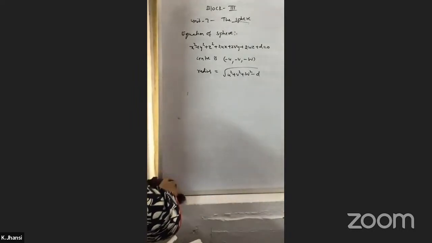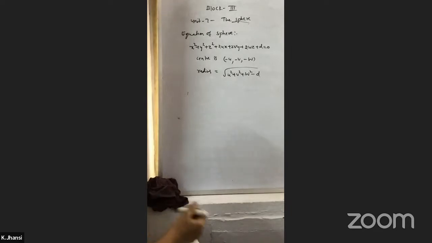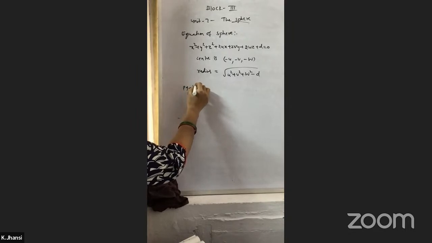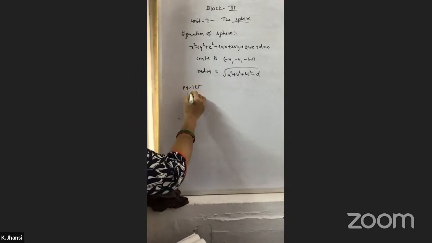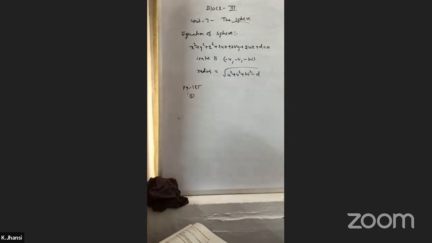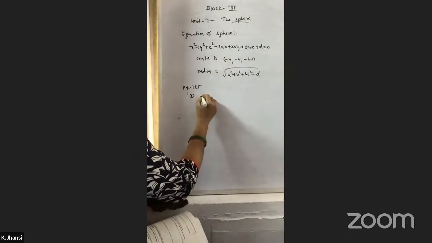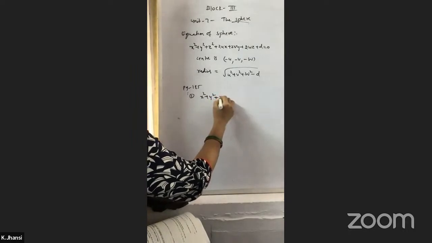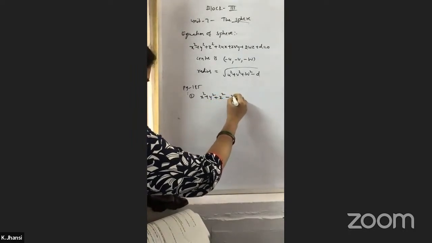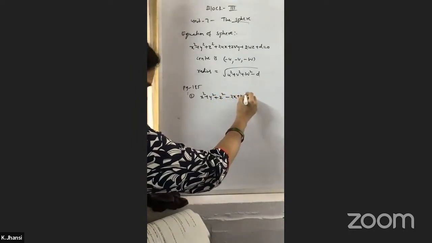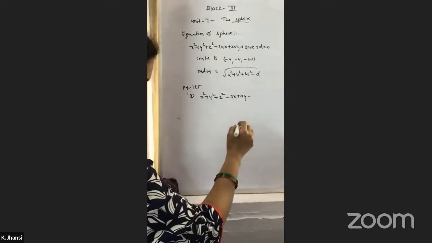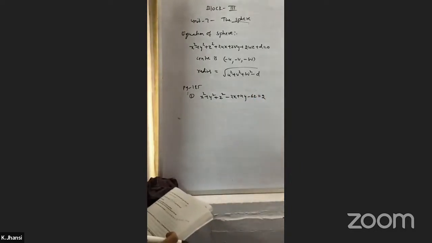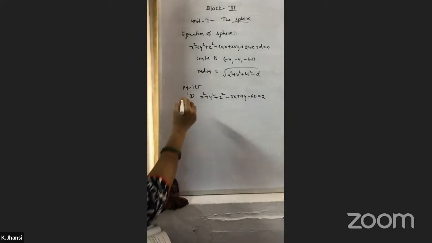If you see page number 185, check your progress. First question: find the radius and the center of the sphere x square plus y square plus z square minus 2x plus 4y minus 6z equals 2.